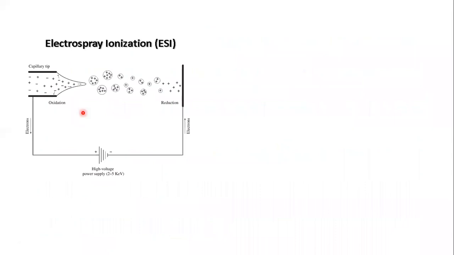Now if you look here, this is the capillary tube, and you have the ions generated here. Why is it generating the ions? Because you are applying the external potential around the surface of this capillary tube. You have electrical connections and you are applying the potential voltage.